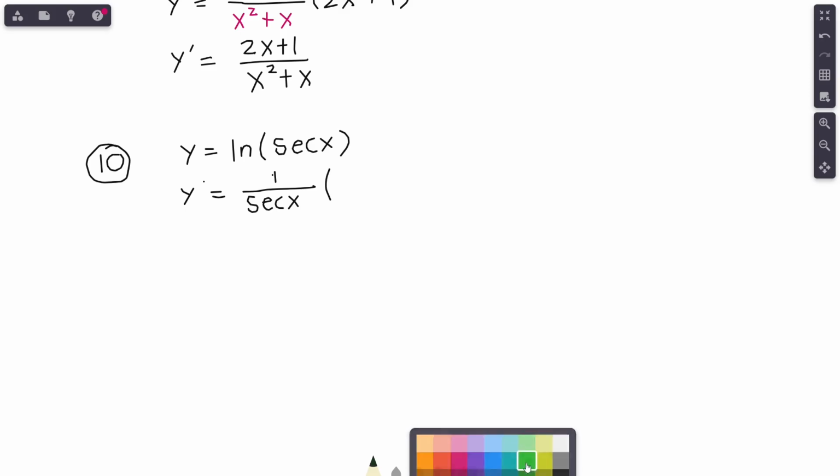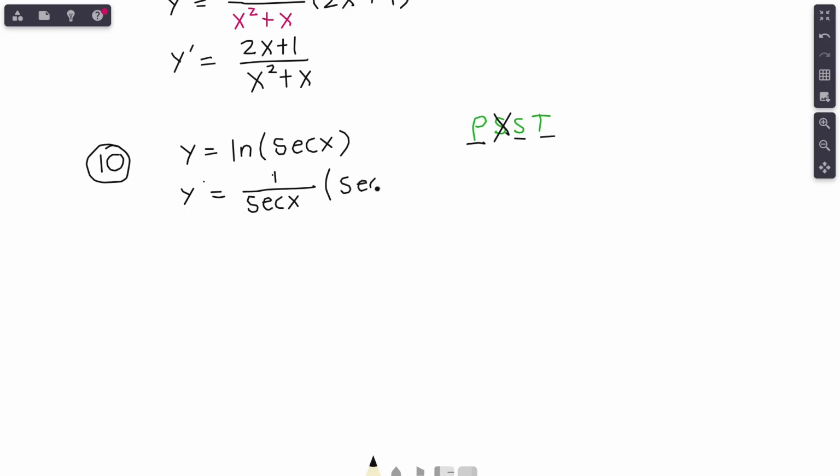So how do we do the derivative of the inside? Well, remember, secant. Psst. So we're going to cross off 1, and our derivative is therefore going to be positive secant tangent. So the derivative of the inside is going to be secant x times tangent x.